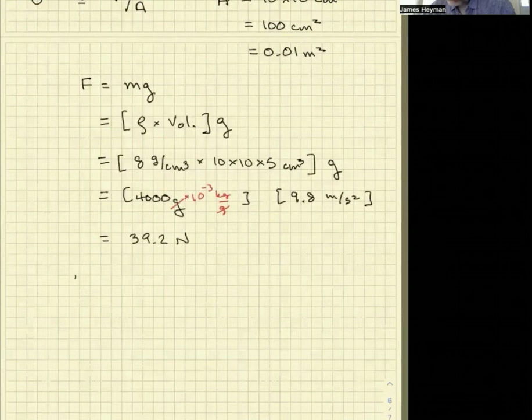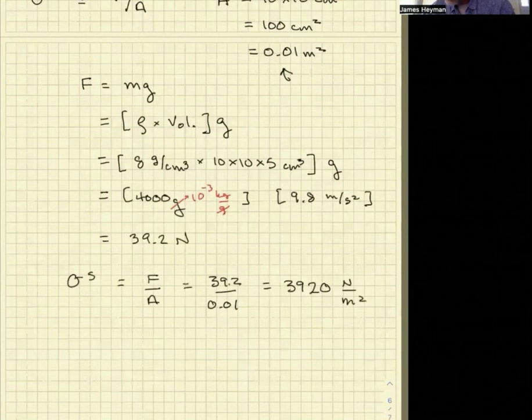Great. Well, finally then, the shear stress is just this force divided by this area here. So we have 39.2 divided by 0.01, or 3,920 newtons per meter squared. Okay?